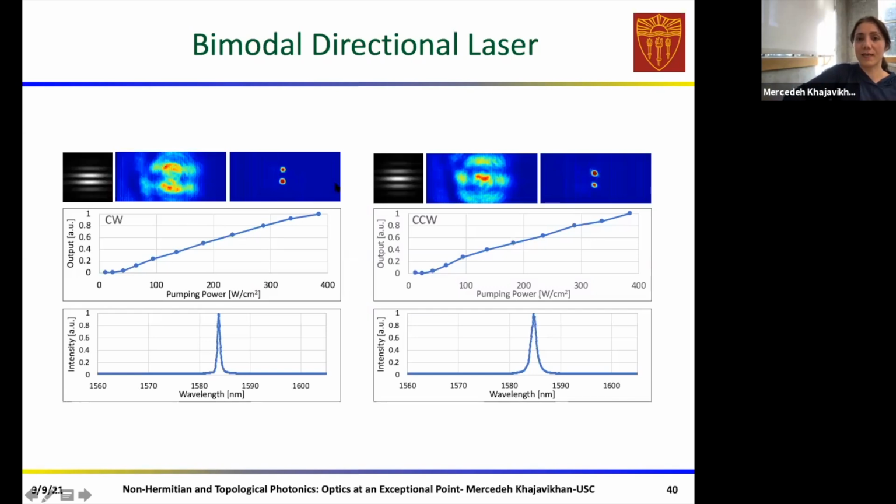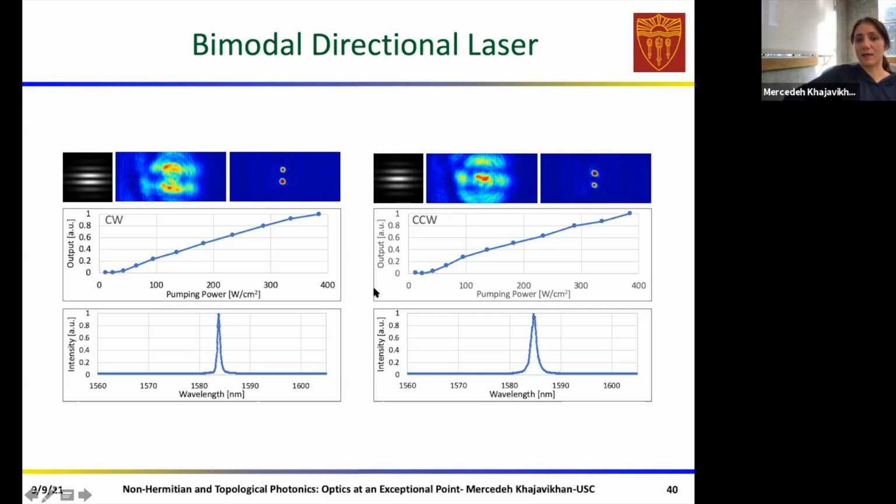You can see that in one direction, when we look from the facet of the device, we get, for example in this case, the out-of-phase mode, where you have almost a null at the center. And from the other direction, when you look at the far field, you see the in-phase mode, where you have a maximum of the field at the center.